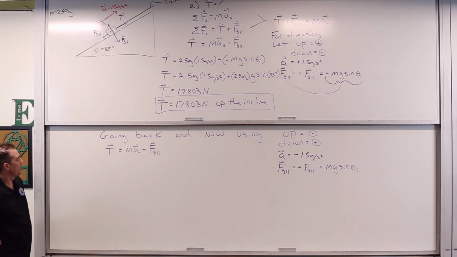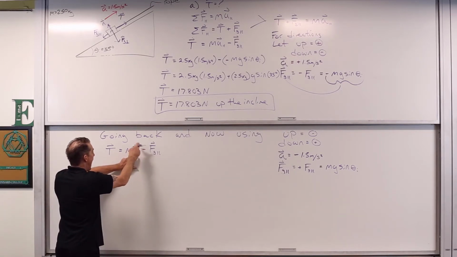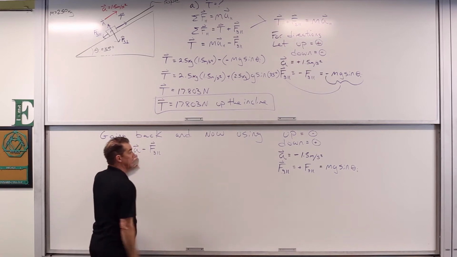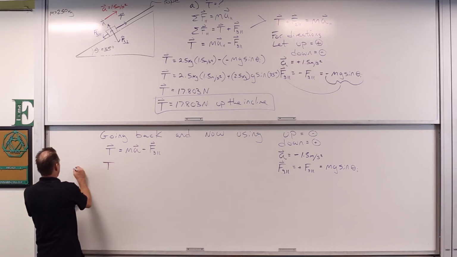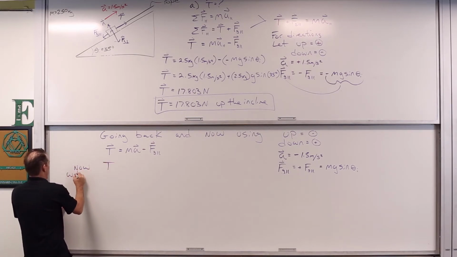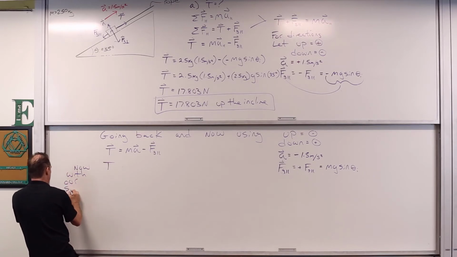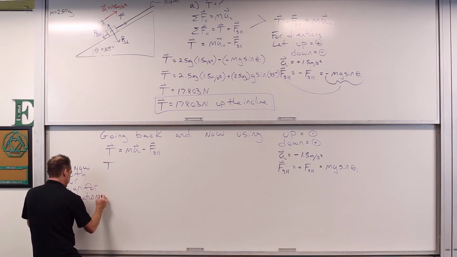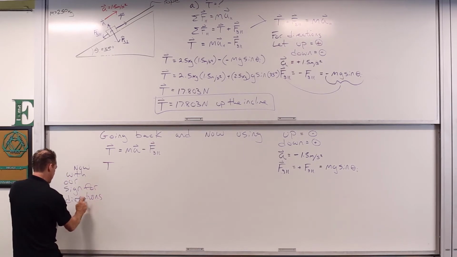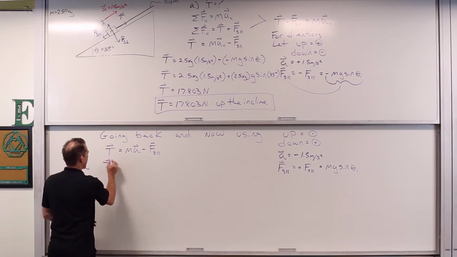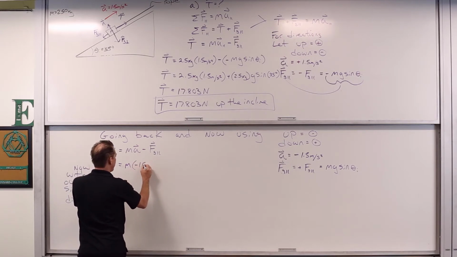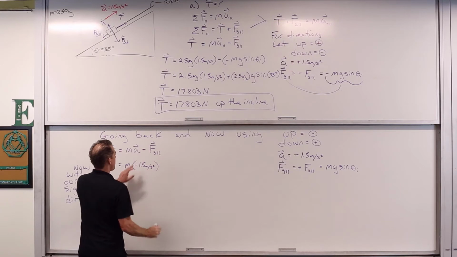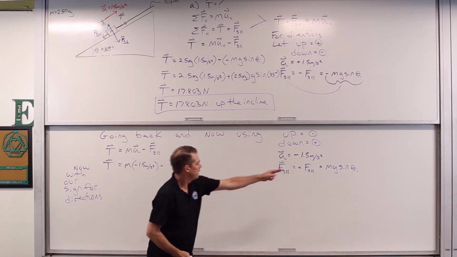So let's see what happens when we stick that stuff in here and get rid of these hats and replace them with the sign convention that we're choosing to represent them. So with our signs for directions, we've got T hat is equal to M times negative 1.5 meters per second squared minus mg times the sine of theta.